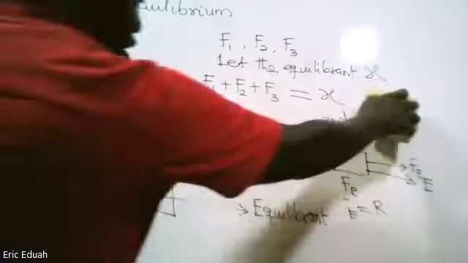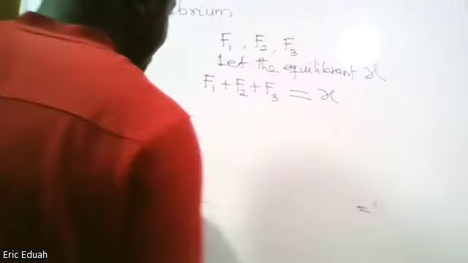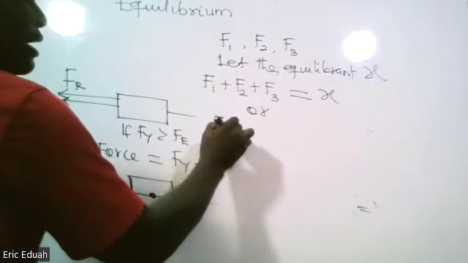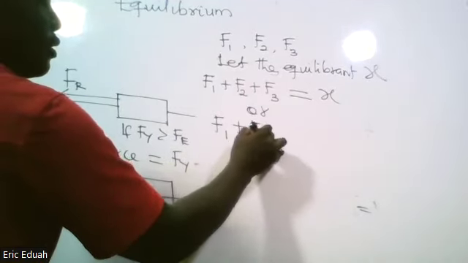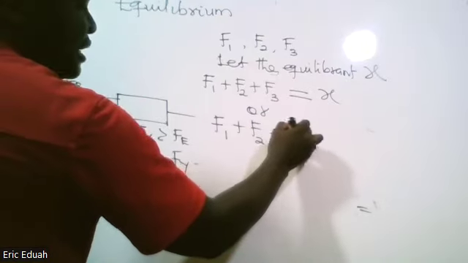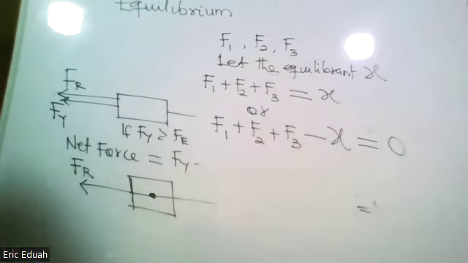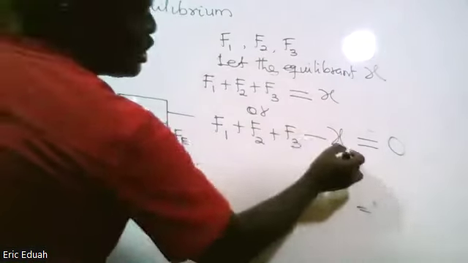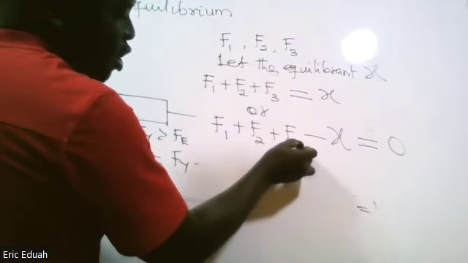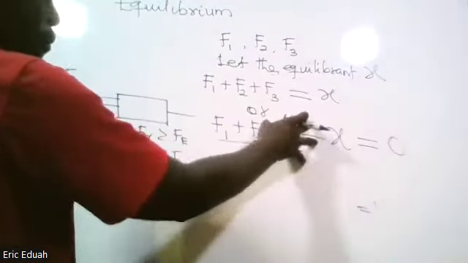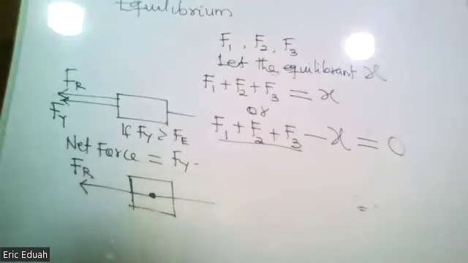This is one way of expressing this, or F1 plus F2 plus F3 minus the equilibrant must be equal to 0. This is because the equilibrant has the same magnitude as all of these combined. So if you subtract the equilibrant from the resultant, it will be equal to 0. That is all that the equilibrant means.